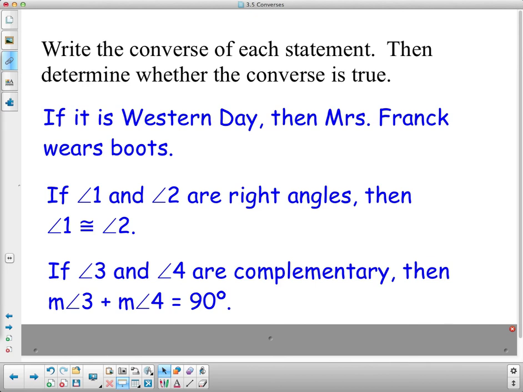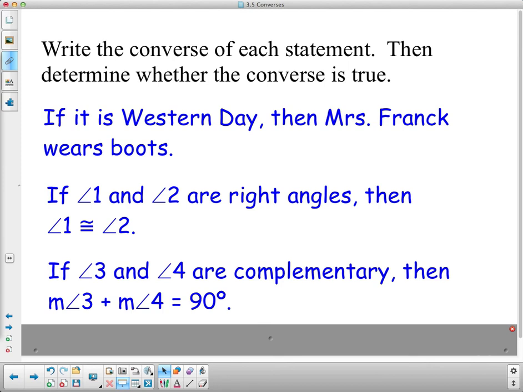If the measure of angle 3, then. Okay, she did the right thing as far as coming up with the converse. Now let's figure out if that's true or false.